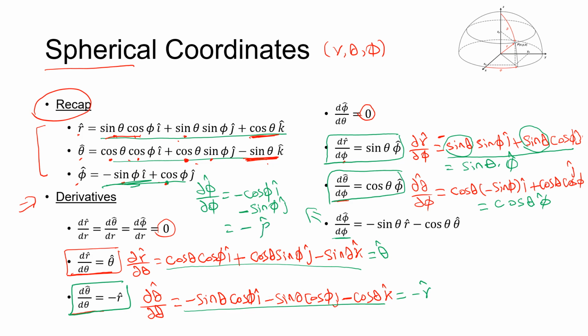We can recall together that rho is equal to sine theta in the r direction plus cosine theta in the theta direction. Since we have a minus sign here, the result will be this one.